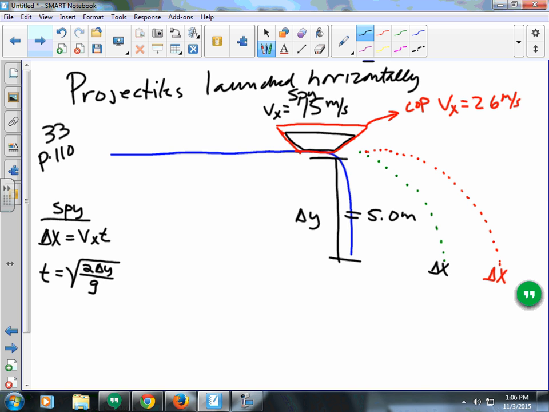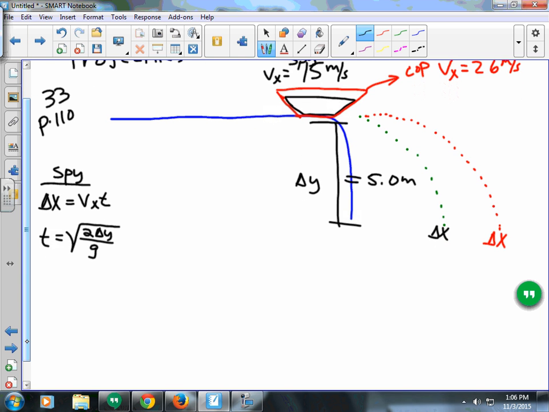Oh, yeah, because gravity is the big story. Okay, so delta Y is a negative 5 meters, and G is negative 9.81 meters per second squared. Okay, so what's the time?